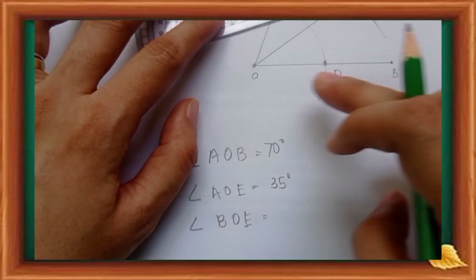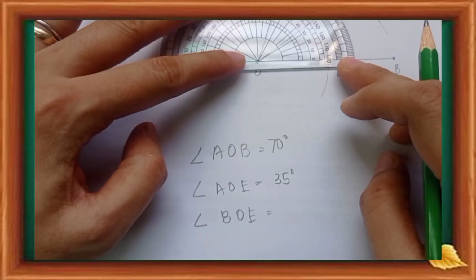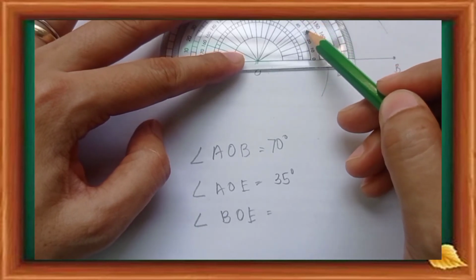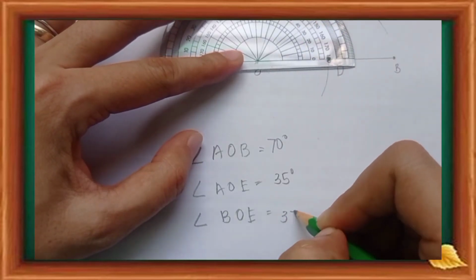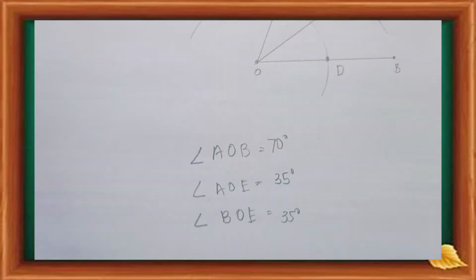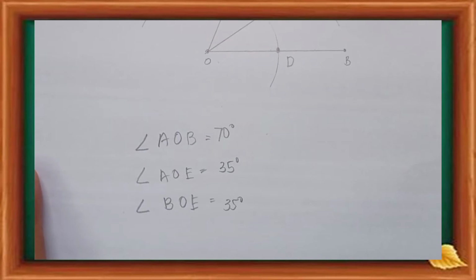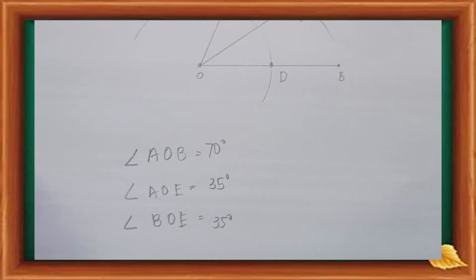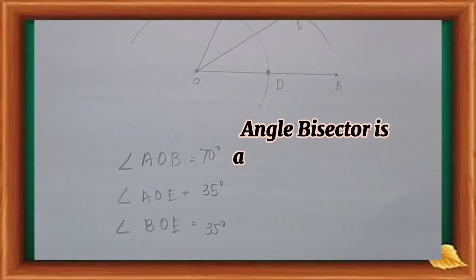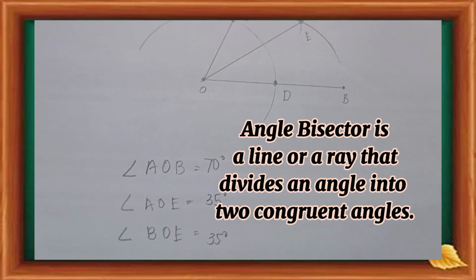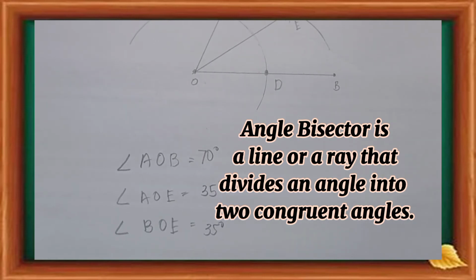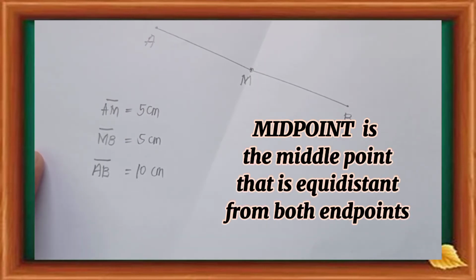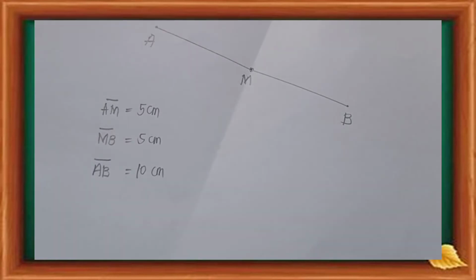How about angle BOE? It is between 30 and 40, so that is 35 degrees. What have you observed about the measurements, using the compass, protractor, and ruler? The angle bisector bisects an angle into congruent angles. Very good. And the midpoint divides the segment into two equal segments.